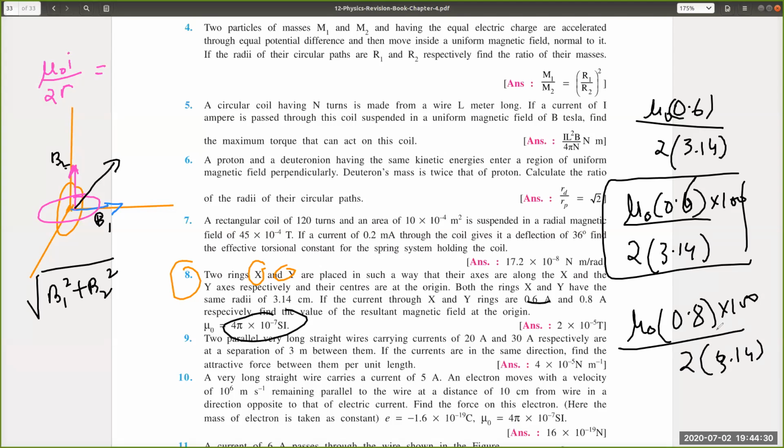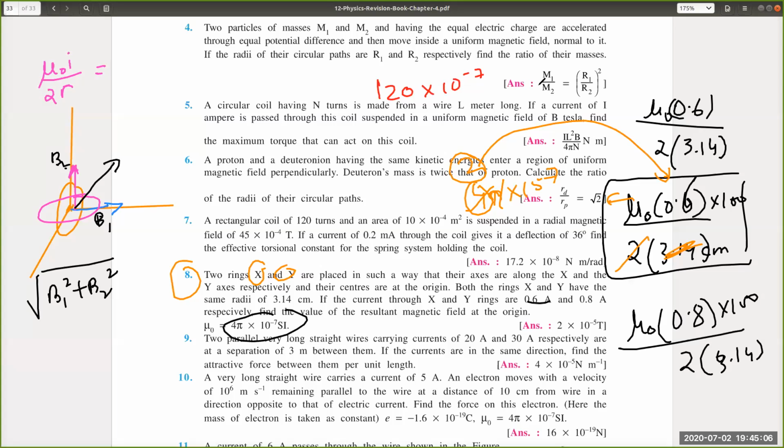Why are you multiplying by 100? Because 3.14 is in centimeter. And mu naught is 4 pi into 10 power minus 7. So pi will cancel, 4 by 2 is 2, and 2 into 0.6 into 100 is 1.2 into 100, which is 120, into 10 power minus 7.